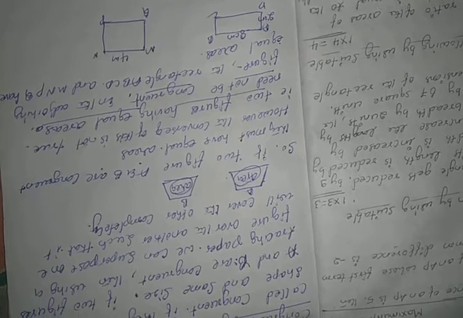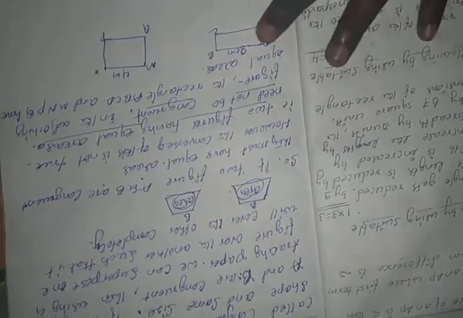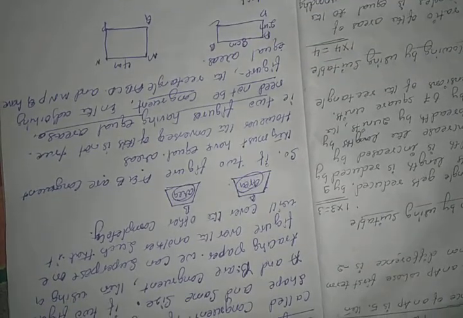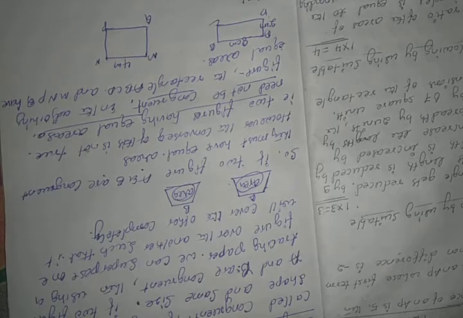Very important: the area of a rectangle, you already know, is length into breadth, L into B. So 2 into 8 is equal to 16 centimeter square.